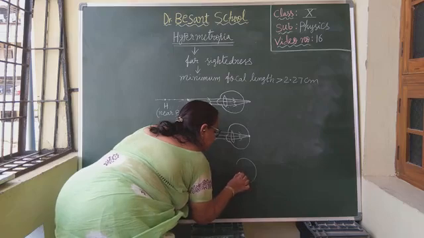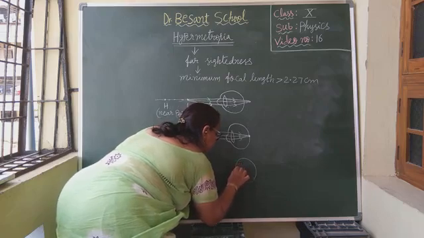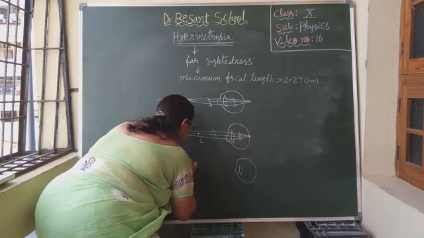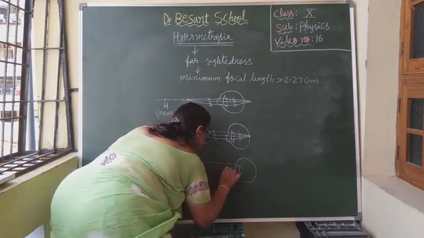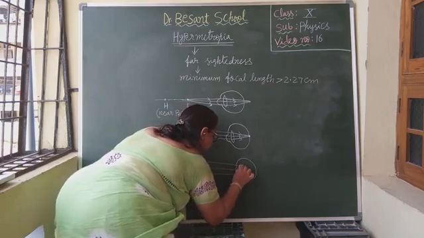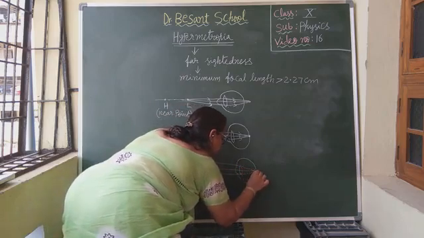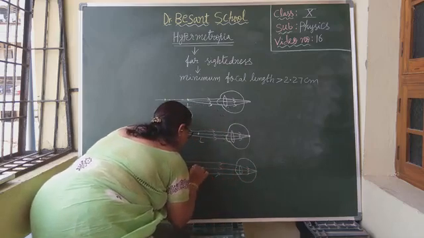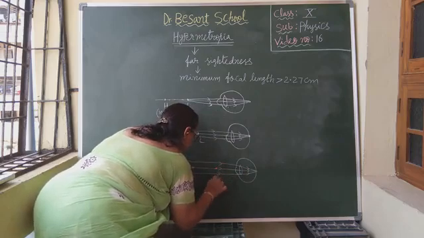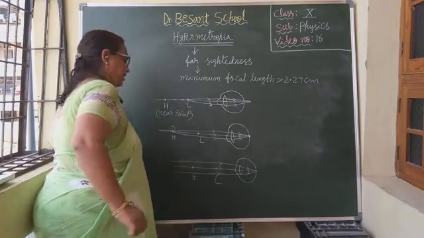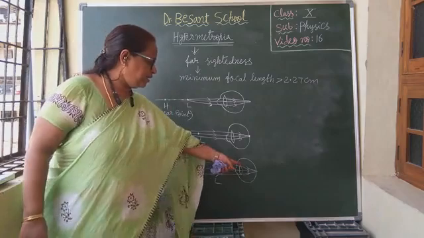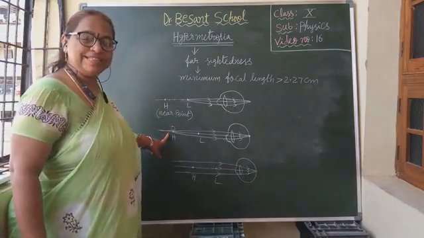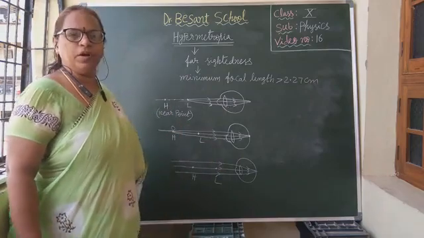Even beyond H, if the object is at infinity, all the rays will be parallel to each other. Then also you can observe the image is forming on the retina. Object at infinity, the image forms on the retina, and object at H, the near point, also the image forms on the retina.